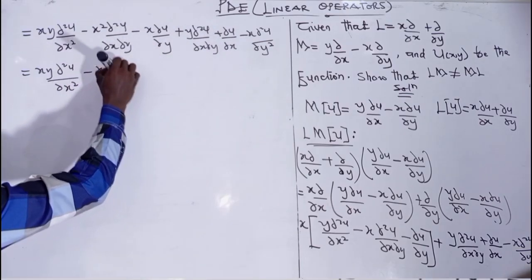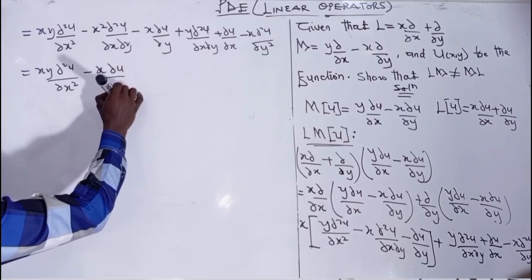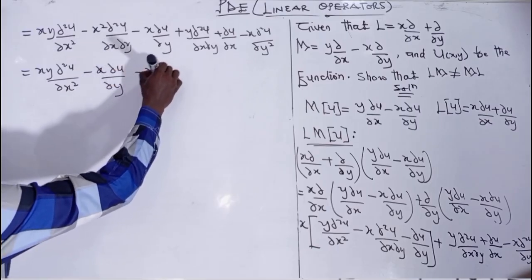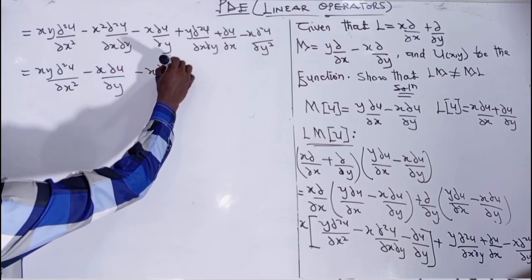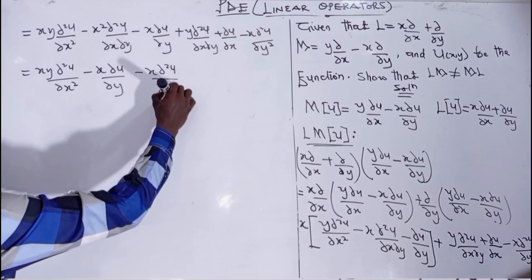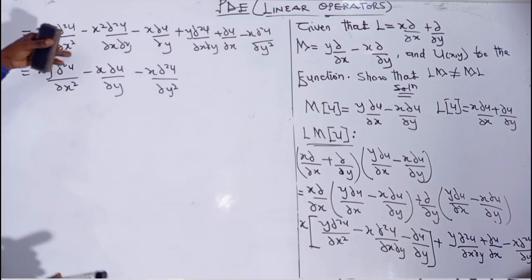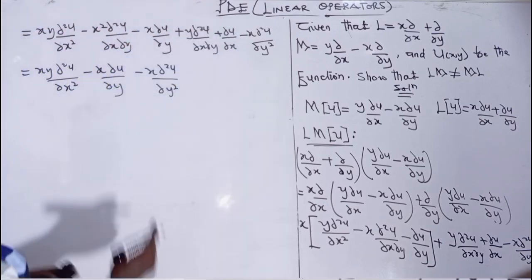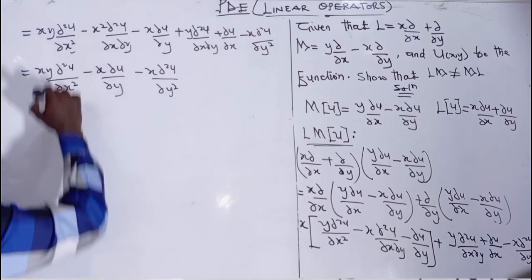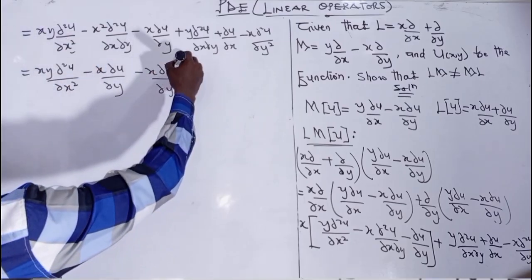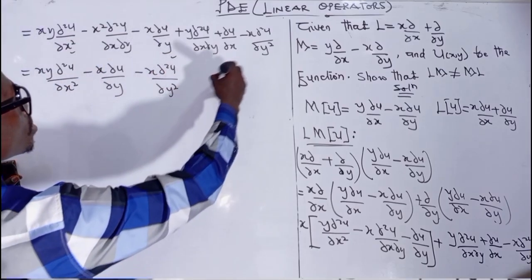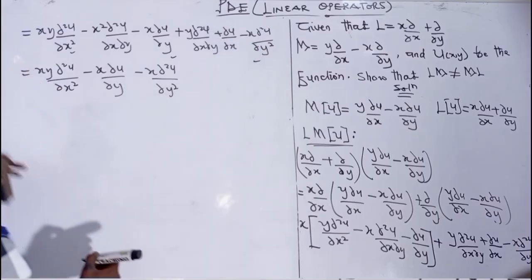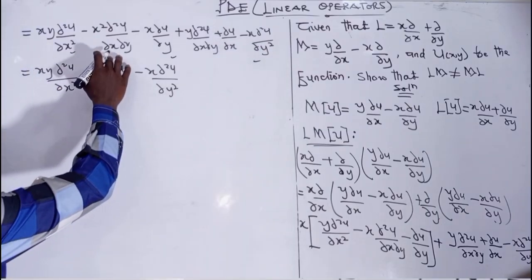So we have minus x ∂u/∂y, minus x ∂²u/∂y². So we are done with this. And then we've added this as well. We have also added this as well. So we are left with this.